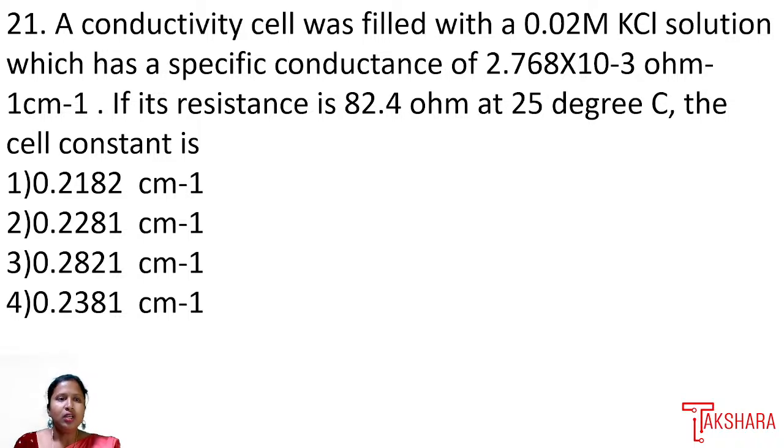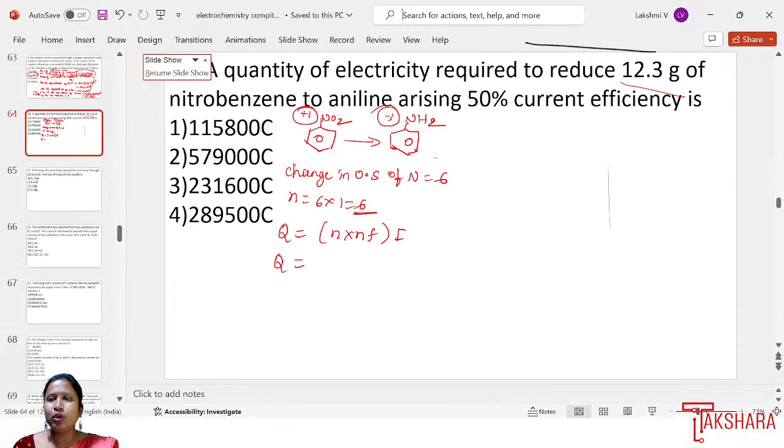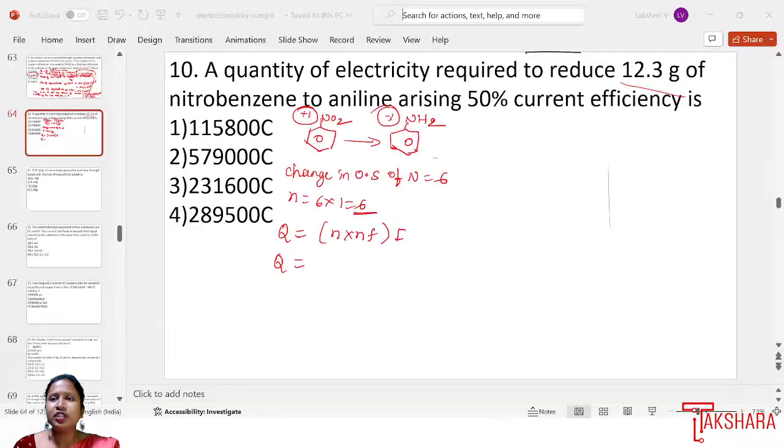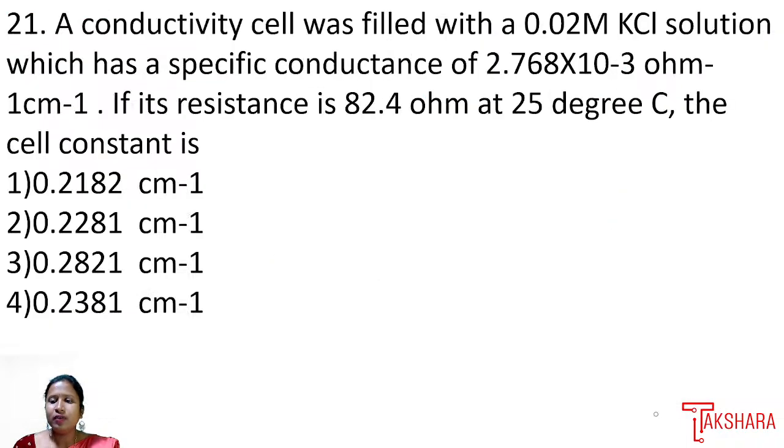Next we have a conductivity cell filled with a 0.02 molar KCl solution which has a specific conductance of 2.768 into 10 power minus 3 per ohm per centimeter.